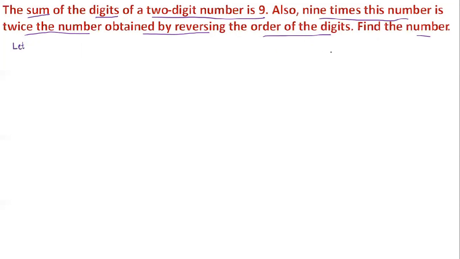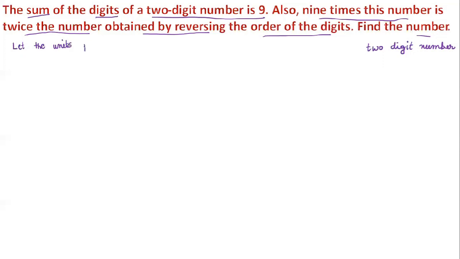We don't know the digits of a 2-digit number, so let the digit, remember it's a 2-digit number, so there will be 2 digits. In 2-digit number we have units place and tens place.